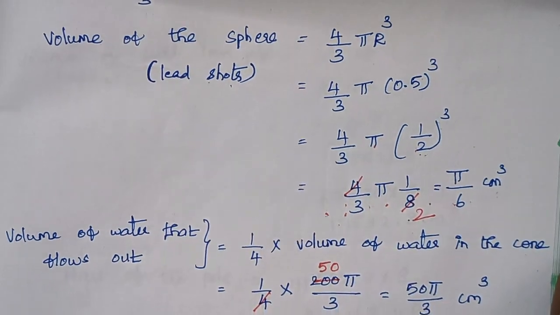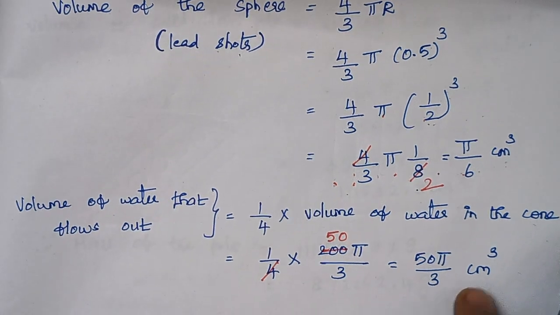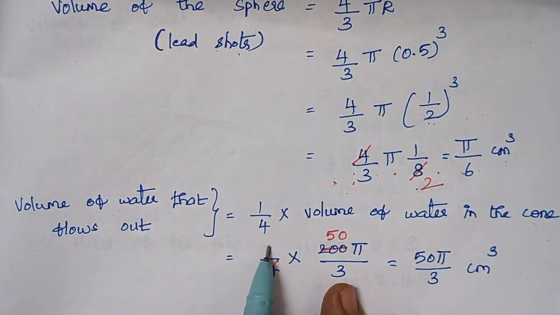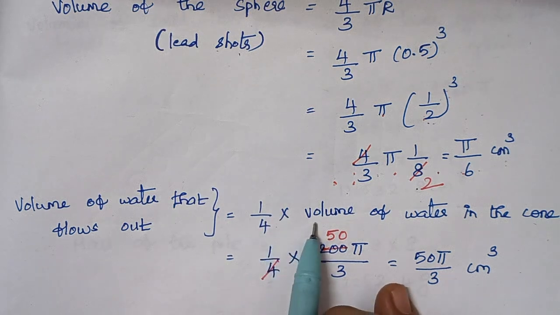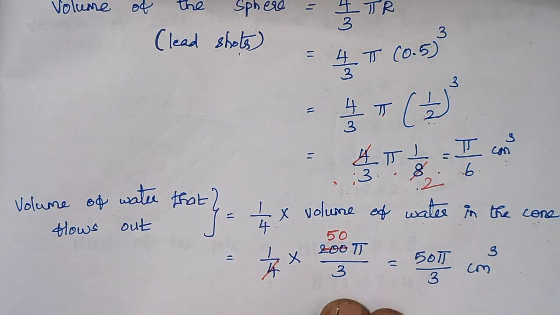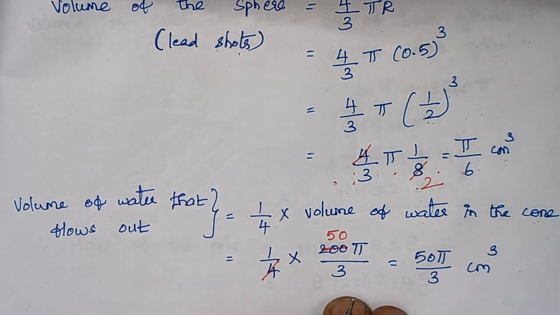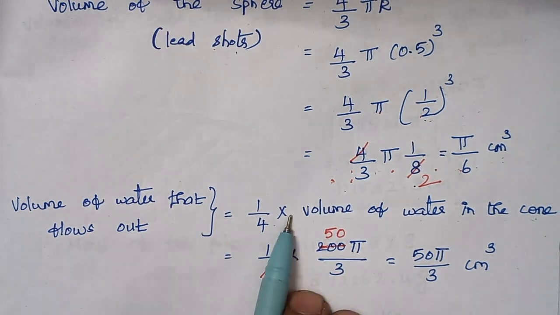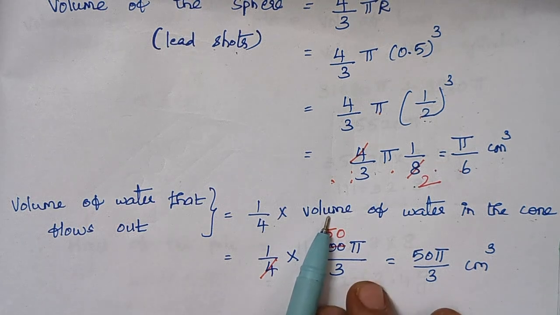So, what is the volume of water that flows out? Volume of water that flows out is equal to 1/4 into volume of water in the cone, right. Because what they are telling, we are dropping some spheres, some lead shots into the water, so that 1/4 of the volume of the water flows out.